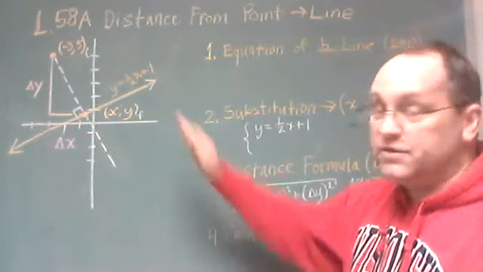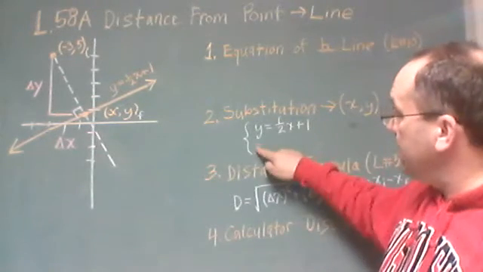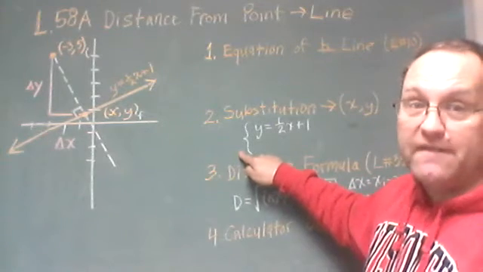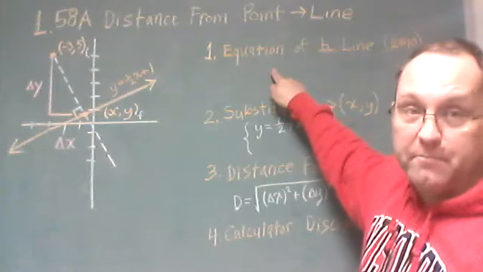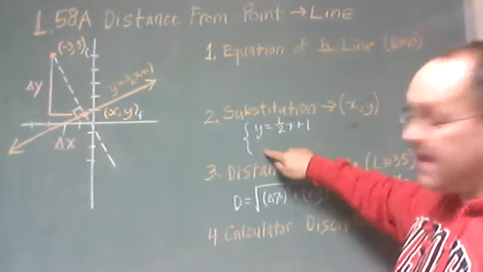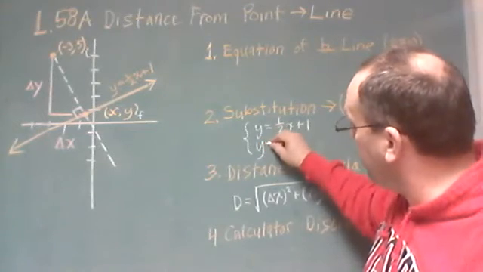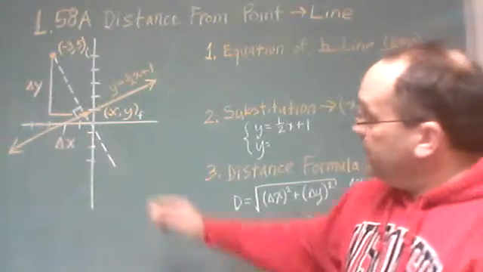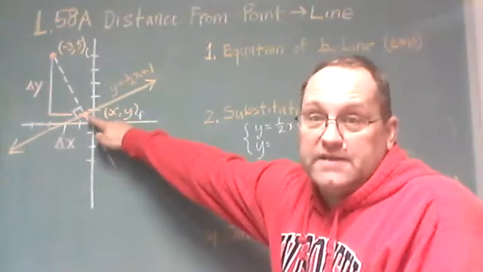Once we determine the equation of that line, we remember a set of equations will have common solutions. So we're going to put the equation of the new line, I'm just going to put y here right now, into a set of equations, because we know this point (x, y) is where they're going to intersect.